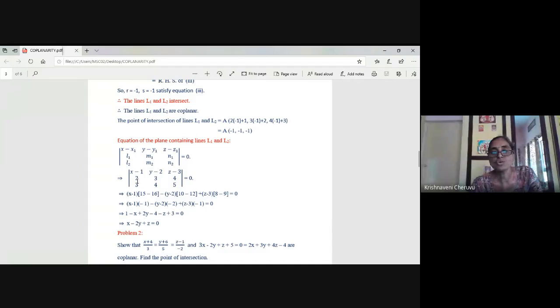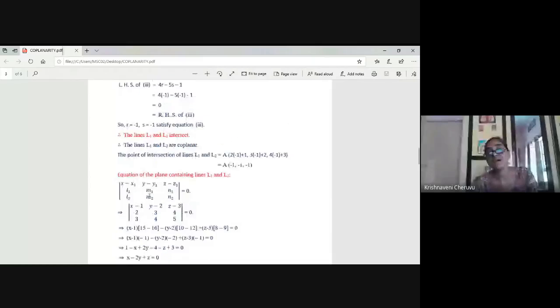Then what you have to do is 2 into 5 minus 3 into 4: 2 5s are 10, 3 4s are 12. Plus z minus 3, ignoring the first row and third column, you multiply this minor: 2 4s minus 3 3s. So this is equal to 0, and you simplify this to get the equation of the plane.